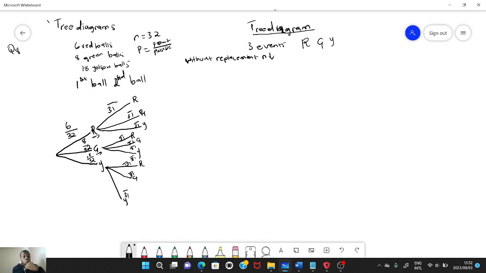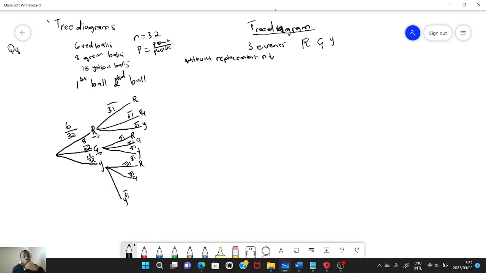And now we head to the last branch. So now we have yellow balls, right? We are looking for the probabilities, and if you check, I've written them on top of each and every branch. Just name the branches the same way as I've done.